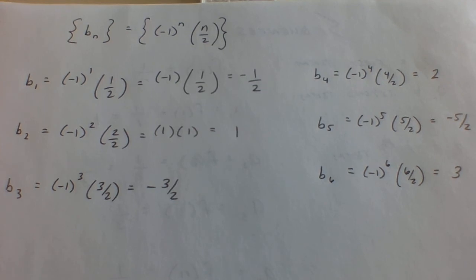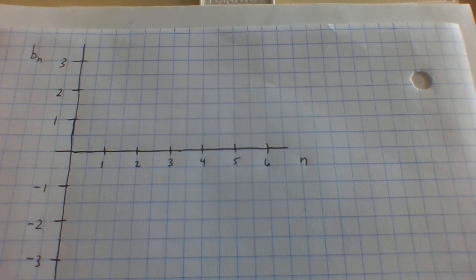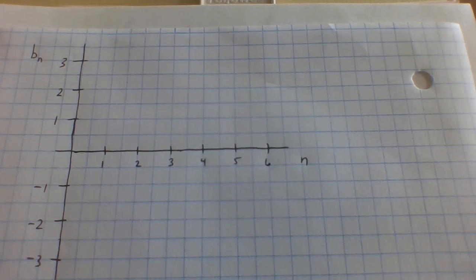For the rest of our terms, our third term is going to be a negative 3/2, or negative 1.5. Our fourth term is a 2. Our fifth term is a negative 5/2. And our sixth term is a 3. Let's go ahead and take a look at the graph of this sequence. Here's the setup of my graph.